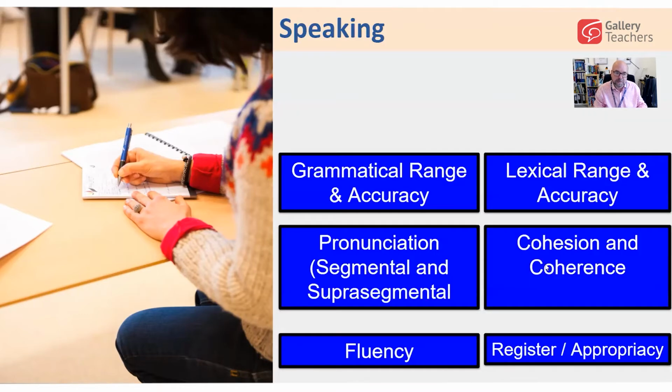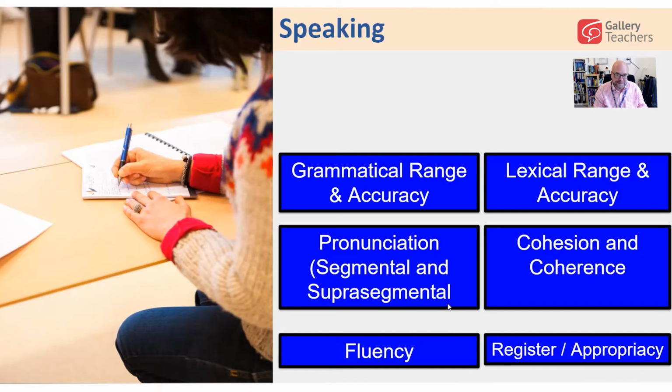Now, when we ask teachers what they think makes a good speaker, what we have on screen here are some of the most common answers. And absolutely rightly so, because if we look at, for example, the IELTS speaking criteria, grammar and vocabulary are important, good pronunciation is important, and the organization, the cohesion and the coherence of the speech is also examined.